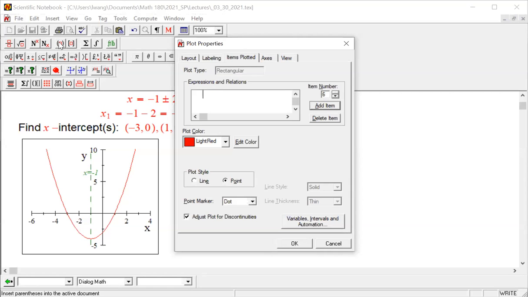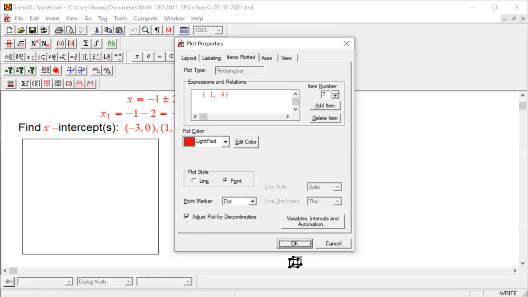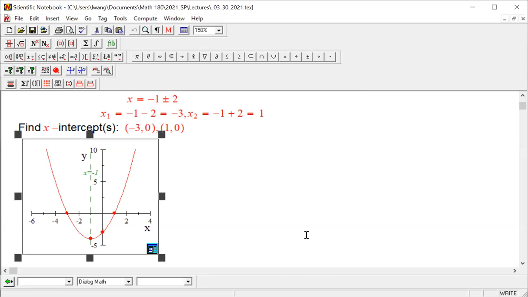And what's our y-intercept, and one more, the vertex, (-1, -4). We have all these 4 points.